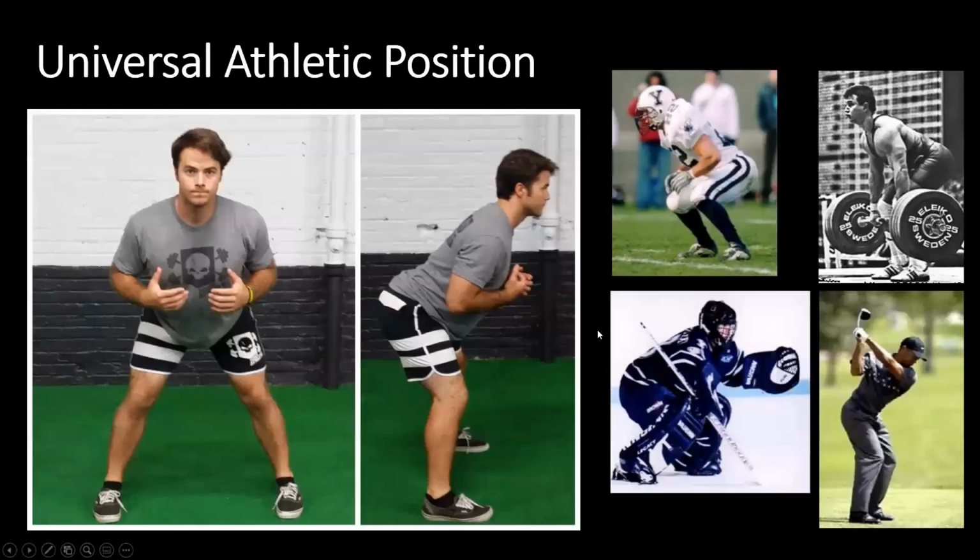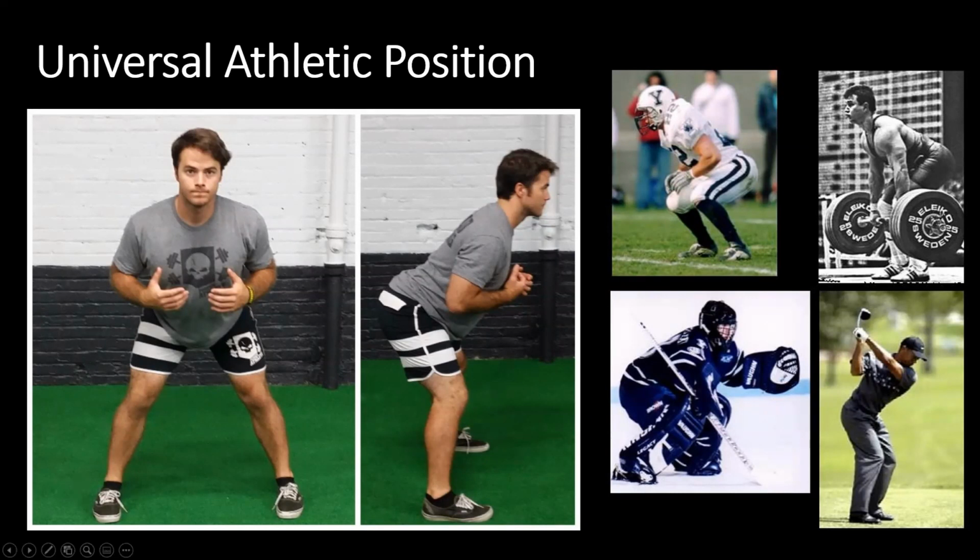Okay, so the first thing I want to talk about is our universal athletic position. So if we think about all of the sports everybody has played, if we're looking at field sports, court sports, pretty much every sport we play has a very similar universal athletic position, which is this A-frame of the lower extremity.